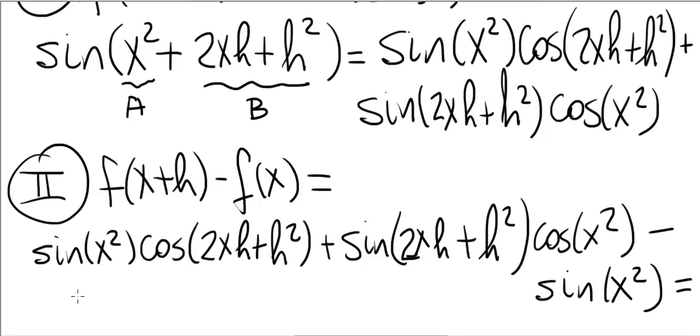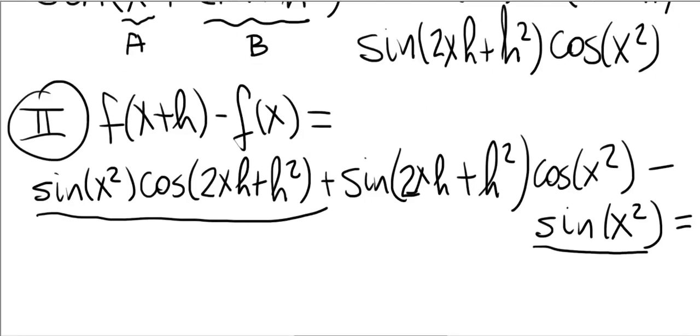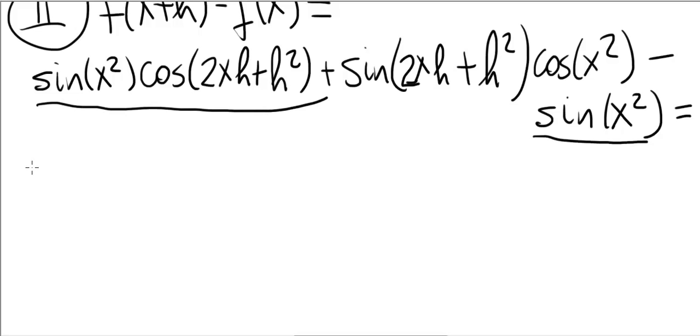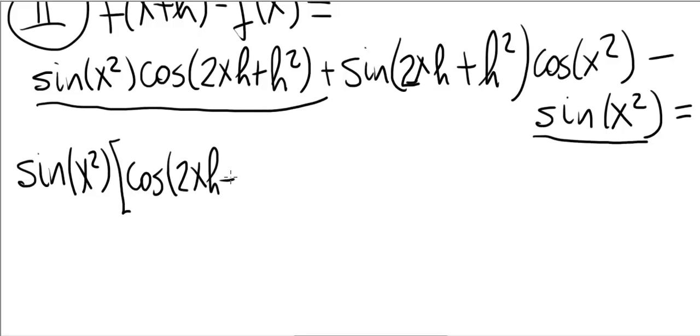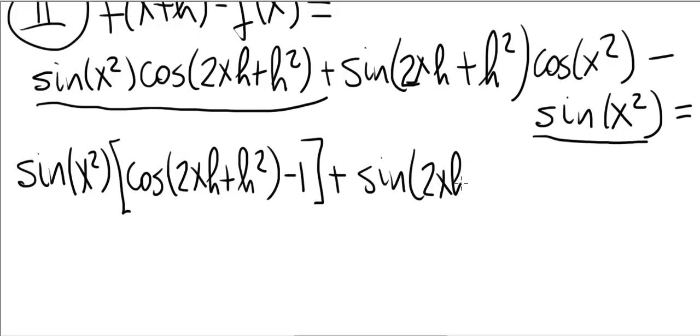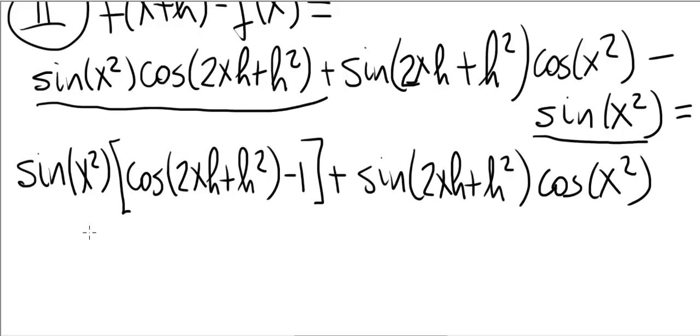Now notice that the first term and the third term have sine of x squared in common, so before going to step 3, we're going to factor out sine of x squared, times cosine of 2xh plus h squared minus 1, plus sine of 2xh plus h squared times cosine of x squared. And that's the end of step 2.